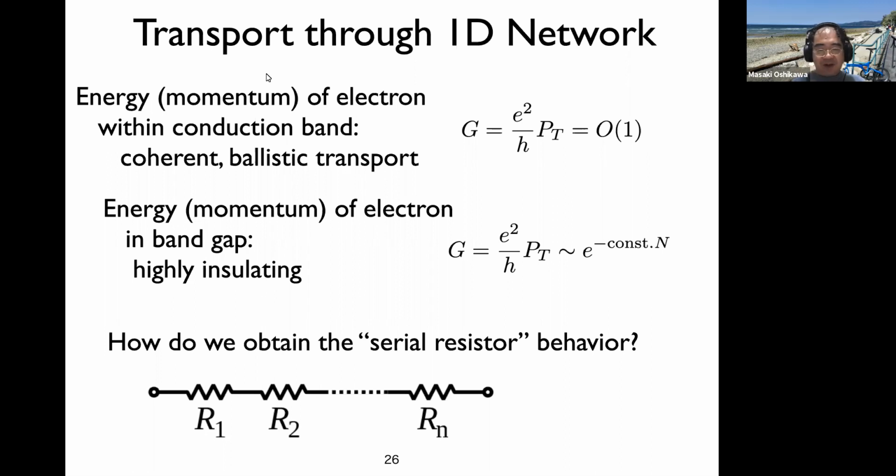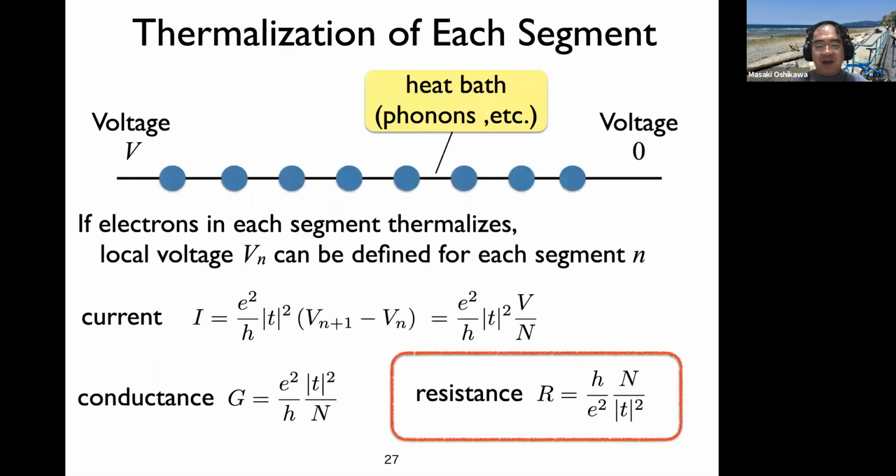Yeah, of course, there are a lot of models with which you can compute resistance, but in this context of the network model, we can consider a certain limit easily. That is, in the previous discussion, we just solved the purely quantum mechanical problem. So electron transport is completely coherent.